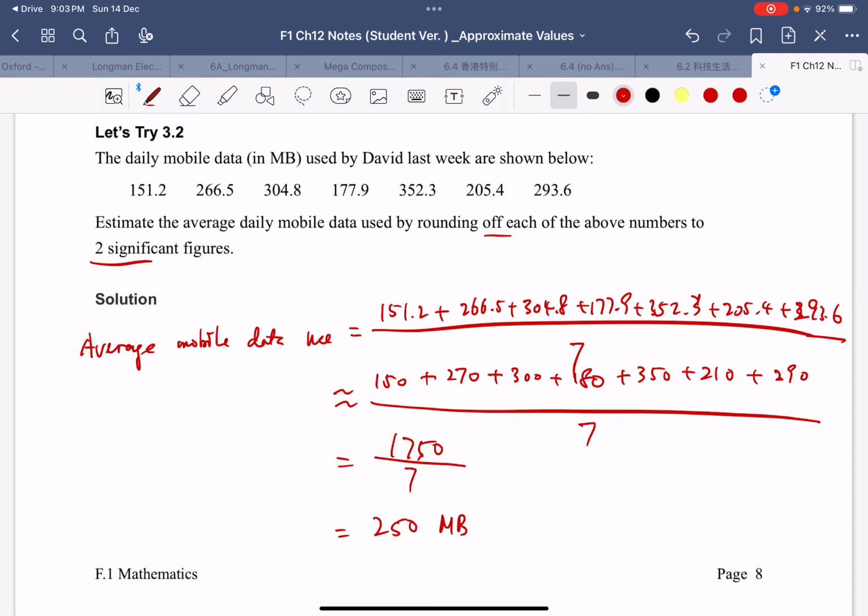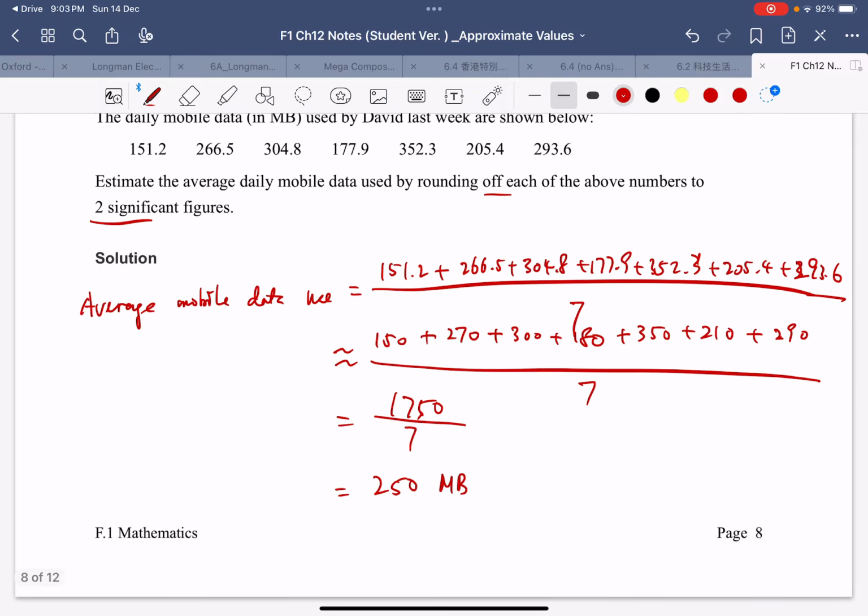Okay, this is the average daily mobile data used. Remember, where you put the approximately equal sign is just after you do approximation. In this step, from this to this, you are doing approximation, and then afterwards put the equal sign.